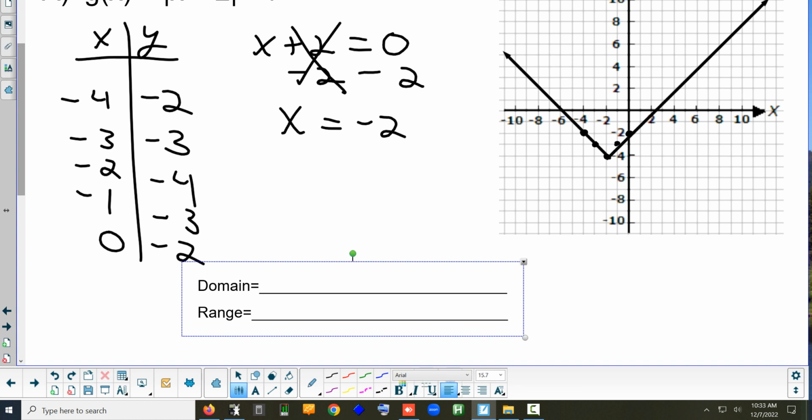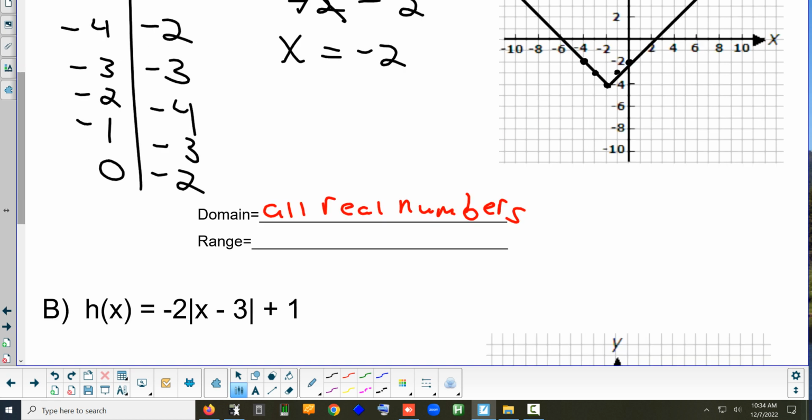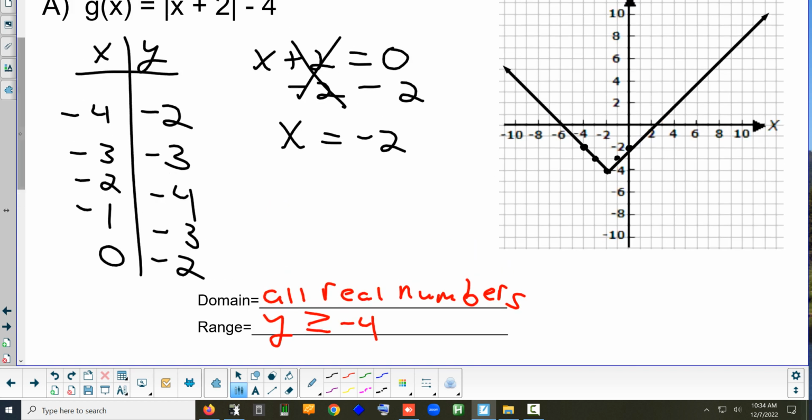All real numbers. Now, how about the range? Okay, we're looking up and down. -4 and up. So that's every number that's greater than or equal to -4.